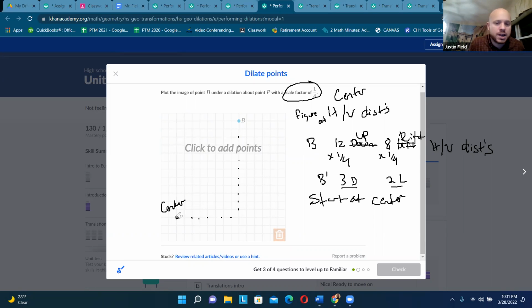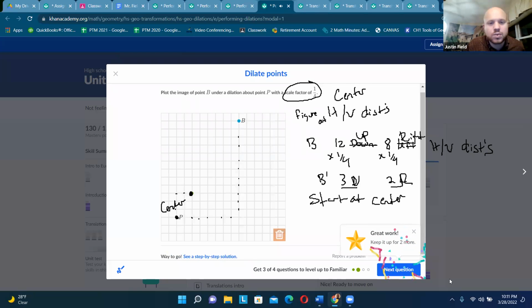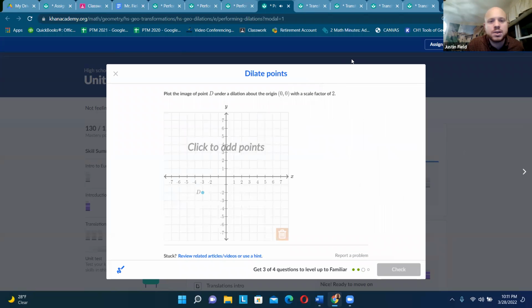Now we're going to go back to the center. We're going to go 3 up and 2 right. Wow, I just confused someone, I'm sure. 1, 2, 3, 1, 2. All right, so one more here, and start at the center.